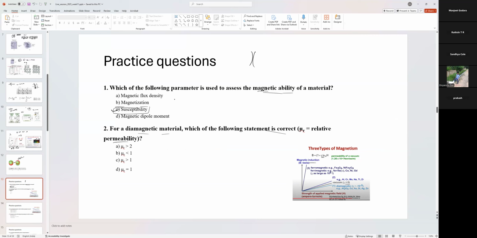So mu is equal to mu naught times (1 plus chi m). Relative permeability mu r is equal to mu over mu naught, which is equal to 1 plus chi m.